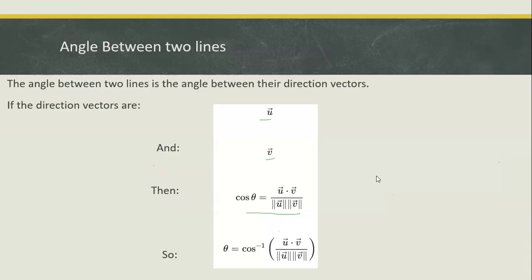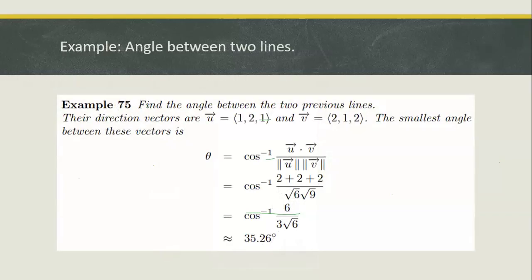So if we are to look at that in terms of an example, it says find the angle between the two previous lines. And the vectors given for the two previous lines are vector u is equal to 1, 2, 1, and vector v was given as 2, 1, 2.